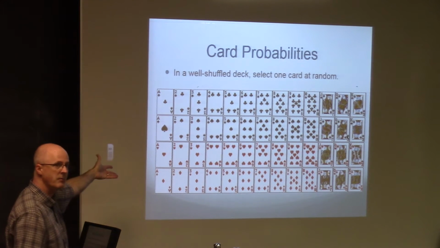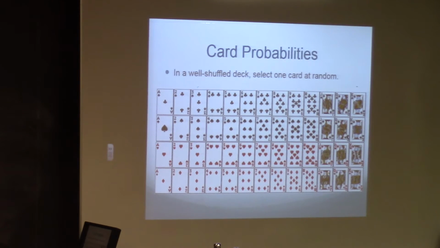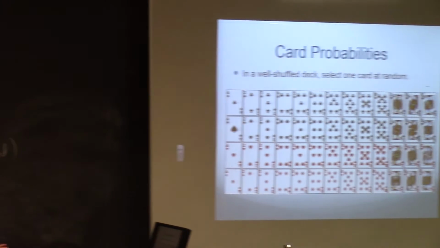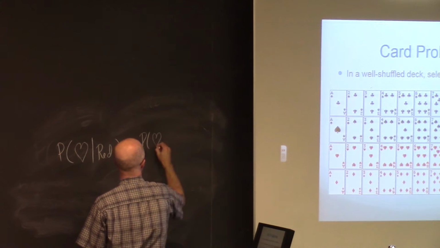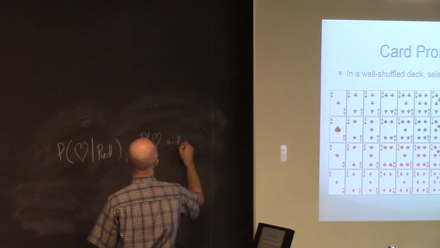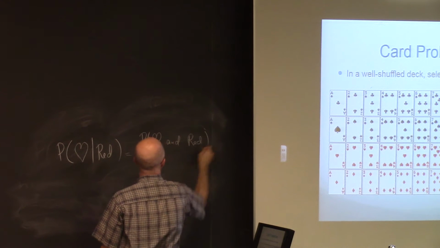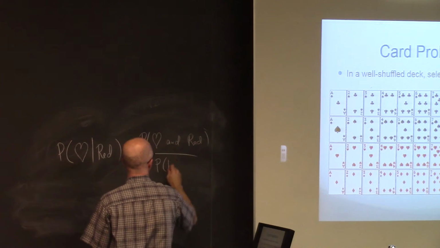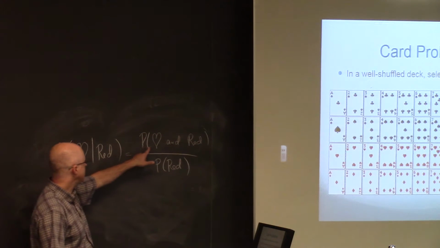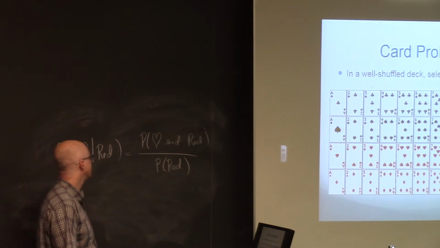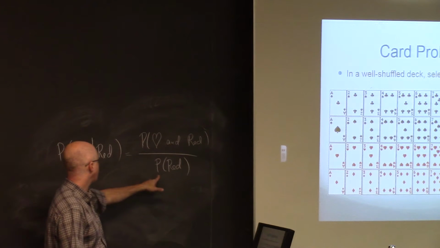So we don't need the formula to solve that problem, but let me illustrate that the formula does work. If I use the formula from that slide, this would be the calculation that I do. Find the probability that it's a heart and red, divided by the probability that it's red.